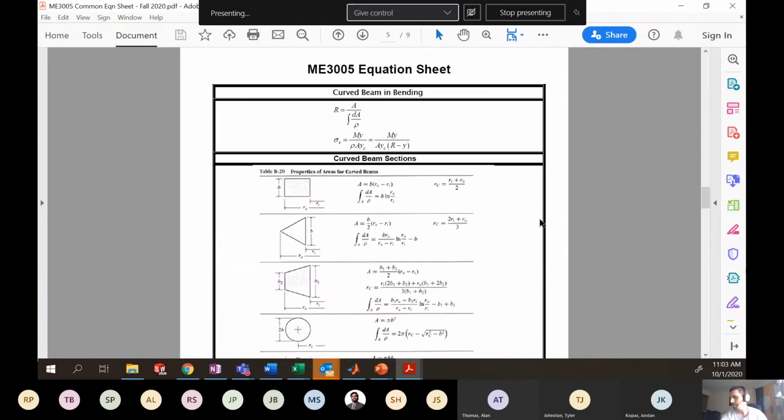Here, your curved beam and bending. Notice at the top here, you have this term, the area divided by integral dA on rho, or what we call dA on R.